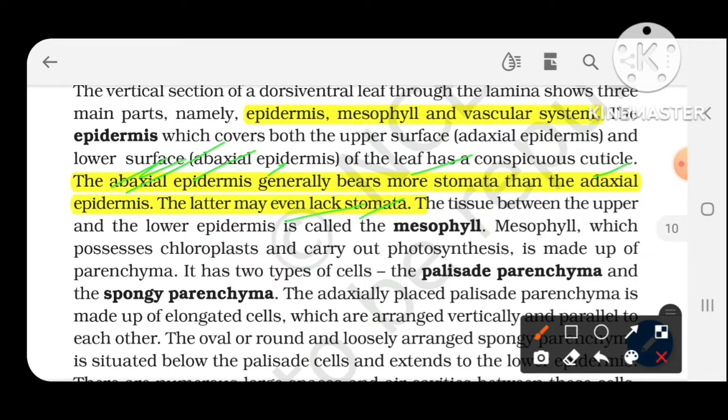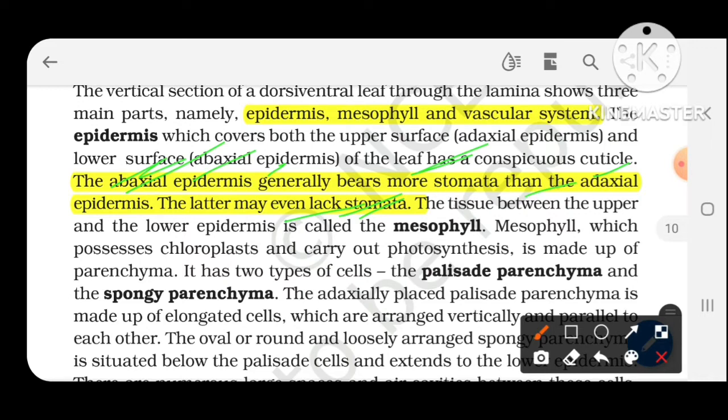And the latter may even lack stomata, means in the epidermis layer of the upper surface, it may be possible that stomata are absent also. It may be present or it may be absent.